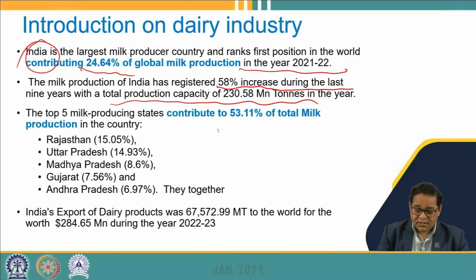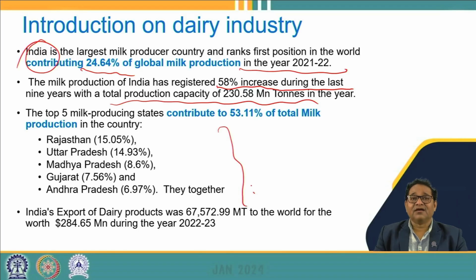Among the different states, these are the states which are contributing more than 50% of the total milk production. They constitute 53.11% of the total milk production in our country. First rank is Rajasthan, with a 15.05% contribution of the total.